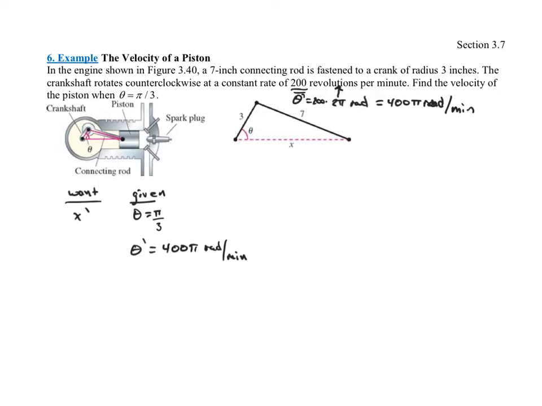Okay, so let's look at a relationship here. We have this triangle, we have theta, we have 7, we have 3, we have x. So we need to look at the law of cosines. Remember, the law of cosines for our equation is, if we label the sides a, b, and c here, b squared equals a squared plus c squared minus 2ac cosine of theta.